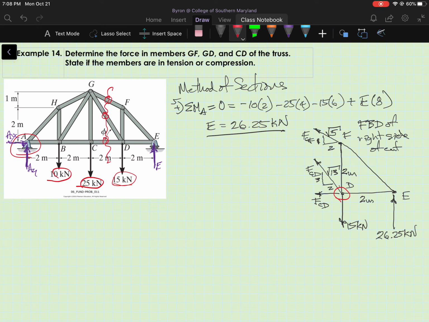And E is known. The 26.25 kilonewtons is known. The 15 kilonewtons is also not going to be involved. And the only unknown that's going to be involved in that equation is FGF. So let's do that and sum moments about D.